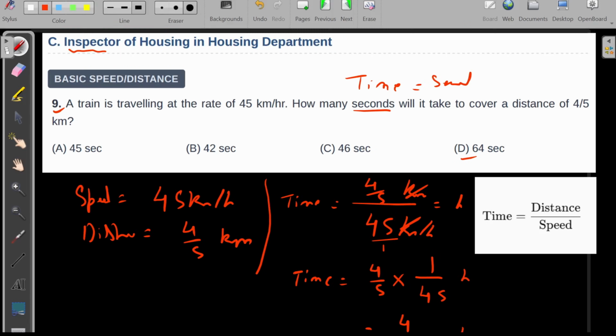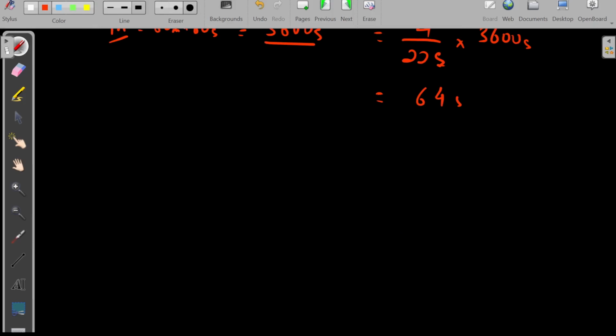Now there's a different way to solve this question, which is unit conversion. Instead of solving in this manner, we can just simply convert the unit from kilometer per hour to meter per second, and also in this case the distance from kilometer to meter. Let's do that. So we know that the speed is 45 km per hour.